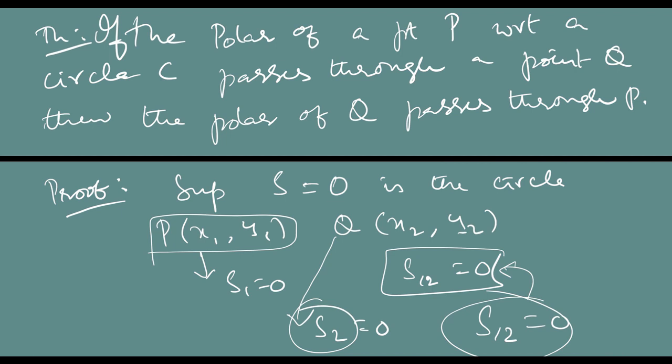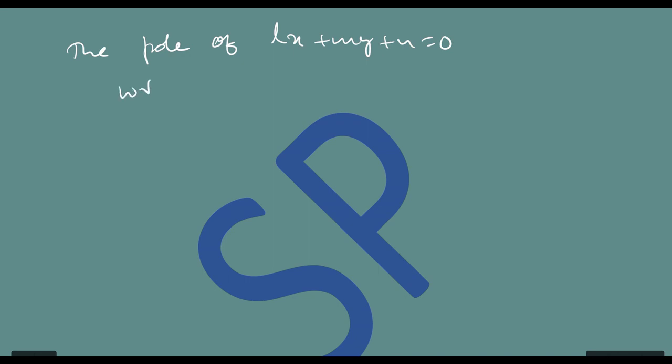If the polar of P passes through Q, then the polar of Q passes through P. Okay? Let us see one small result. We are going to find the pole of Lx plus My plus n equal to 0 with respect to the circle x square plus y square is equal to r square.